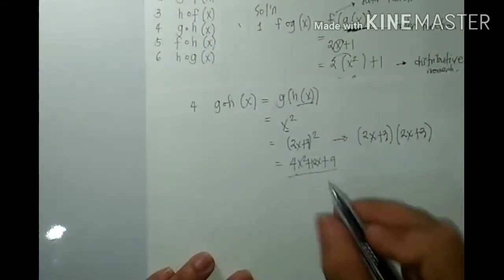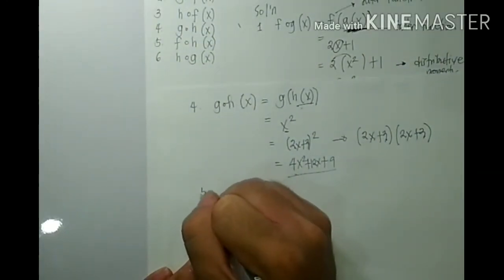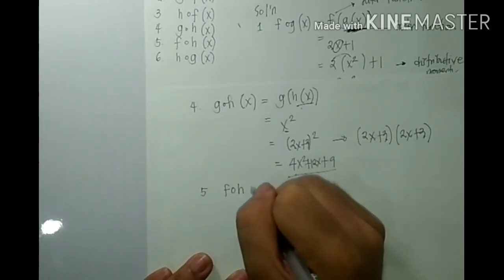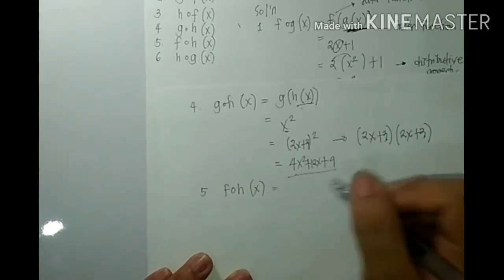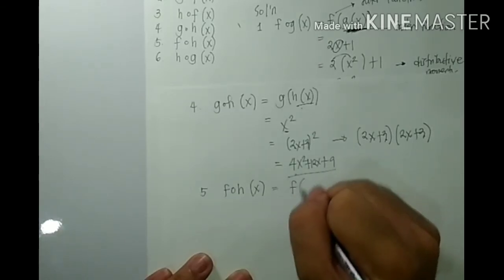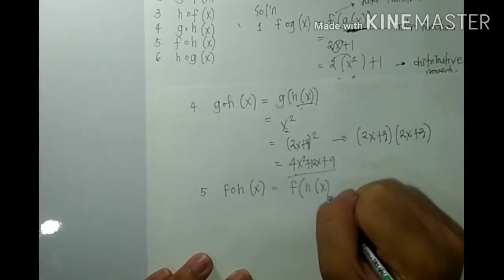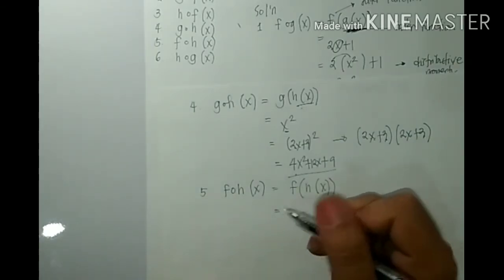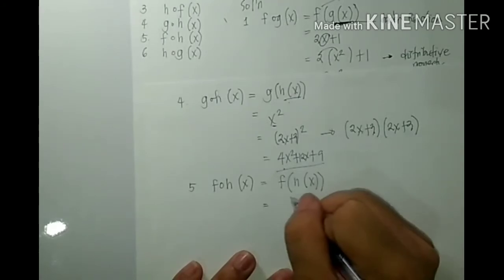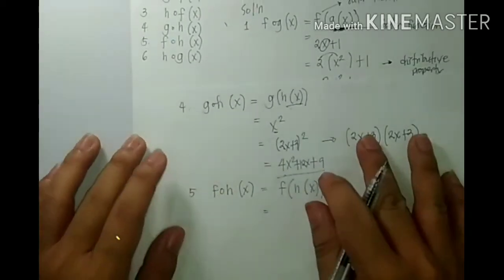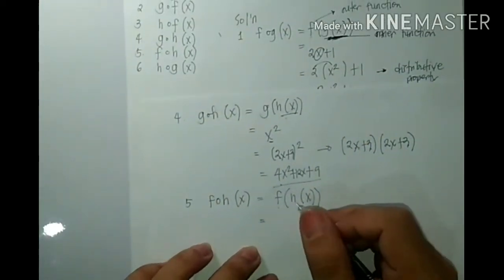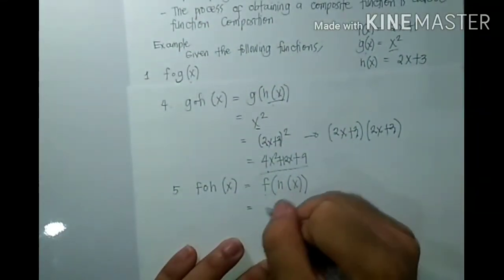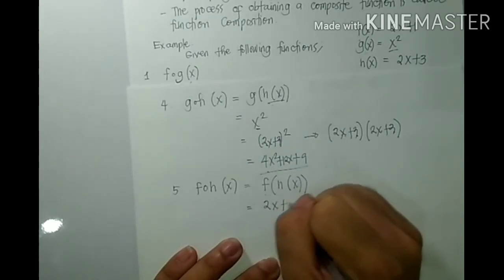Okay, so now let us proceed to the next example. We have f composed of h of x is just equal to f of h of x. Okay, so this will be the composition that we are going to find. Okay, now as we all know, f of x is equal to 2x plus 1.